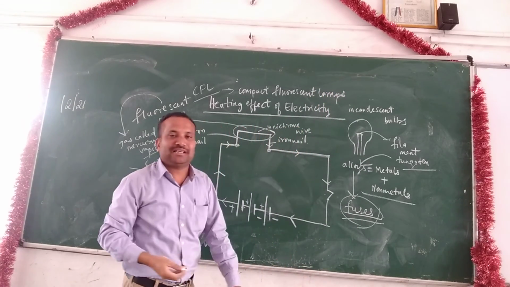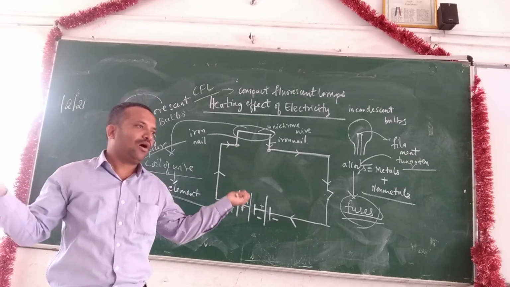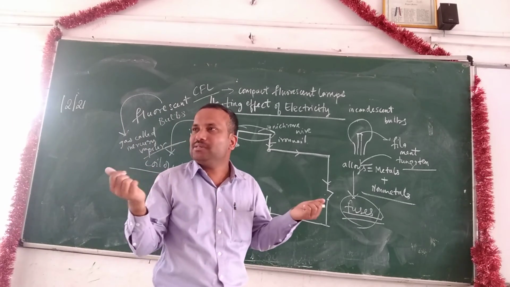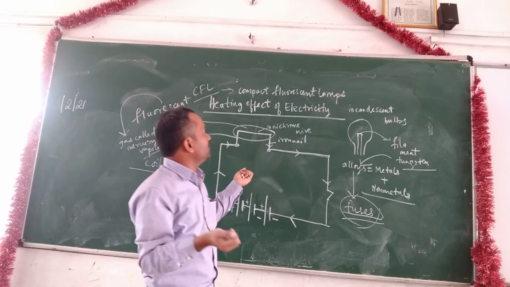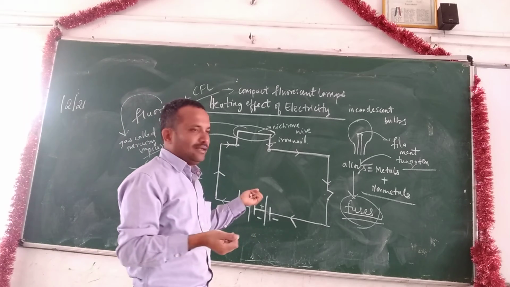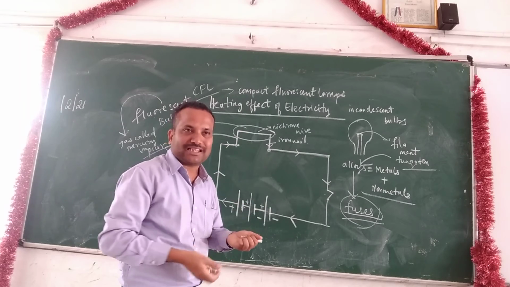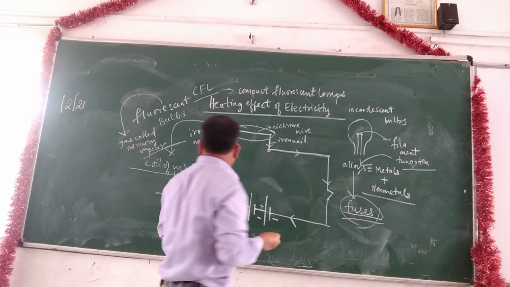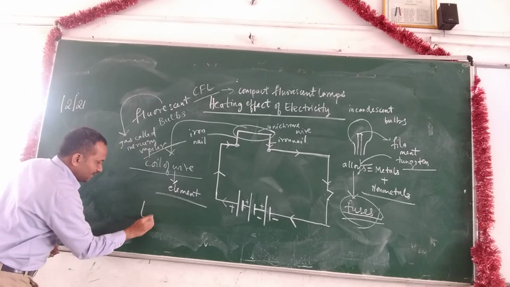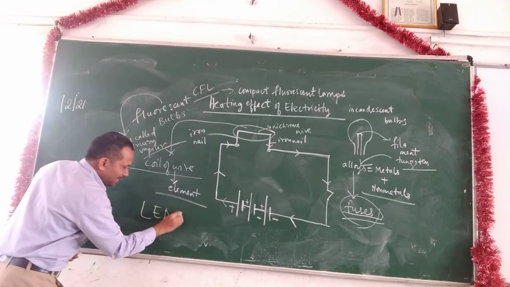CFL bulbs use less current and give more light. After CFL, another technology came, and we started using LED bulbs.